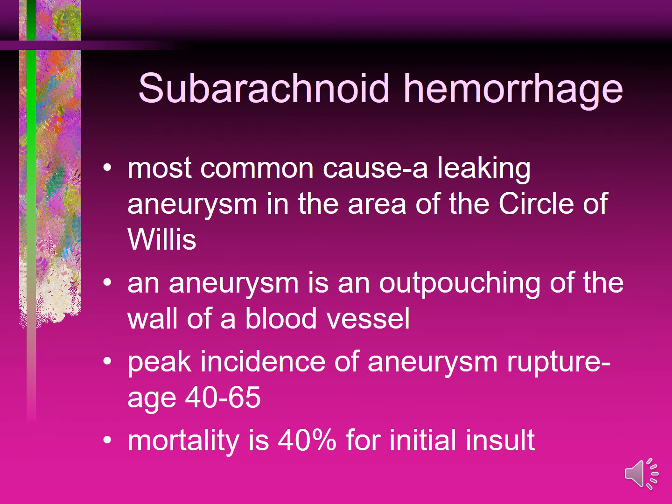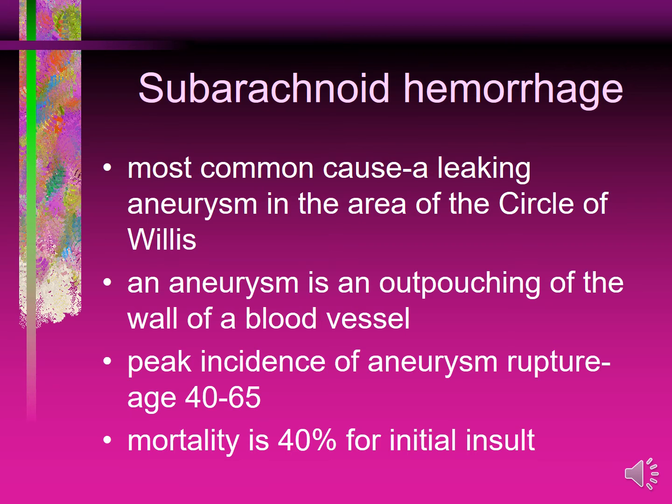For a subarachnoid hemorrhage, the most common cause is a leaking aneurysm in the area of the circle of Willis. And I'll show you a picture of that famous circle of Willis in just a minute. But an aneurysm, if you don't remember that from anatomy and physiology, is an outpouching of a blood vessel.